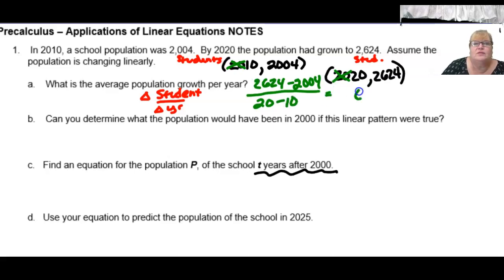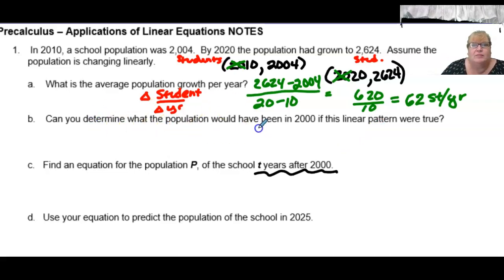So this is a difference of 620 students over the course of 10 years. What you divide out is 62 students per year that the population was growing.